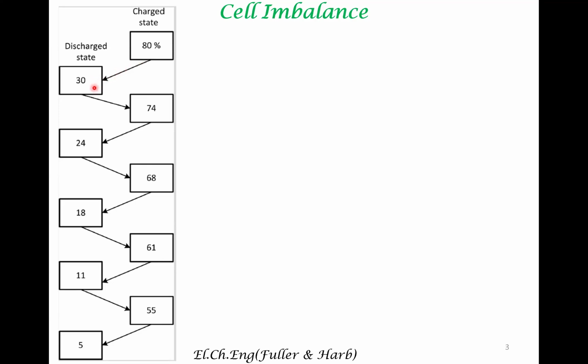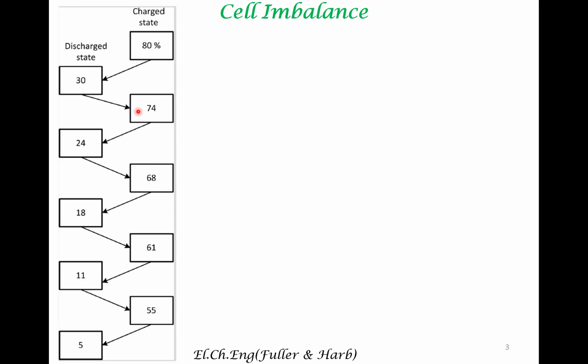When you try to charge the battery back, even though you supply the amount of charge equivalent to the amount of charge that was utilized during discharge, all this charge does not get the battery back to 80%. So from 30%, even though you've supplied sufficient charge, it only goes to some 74% state of charge.